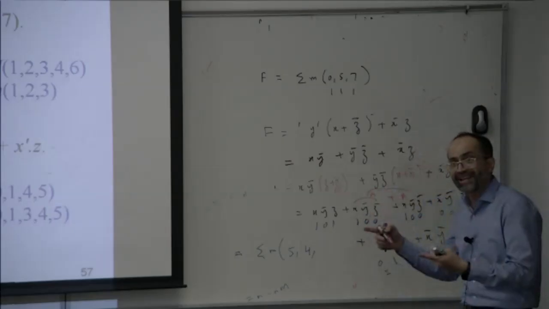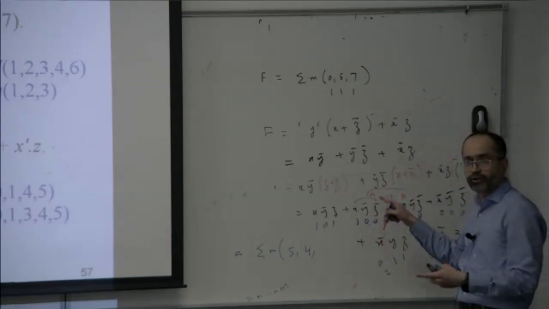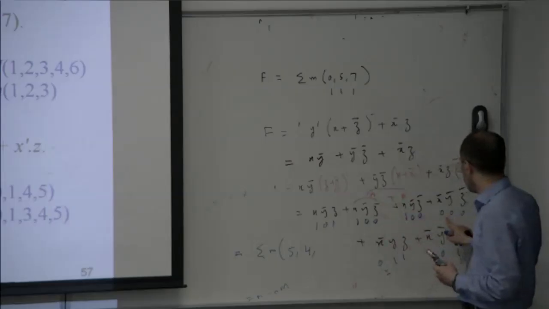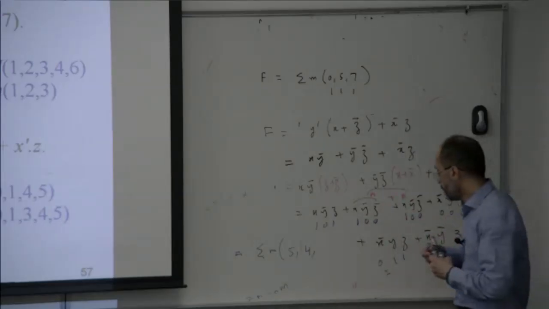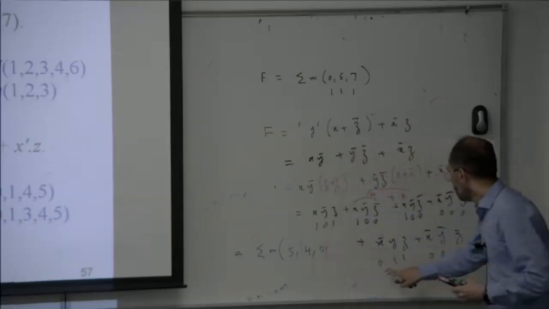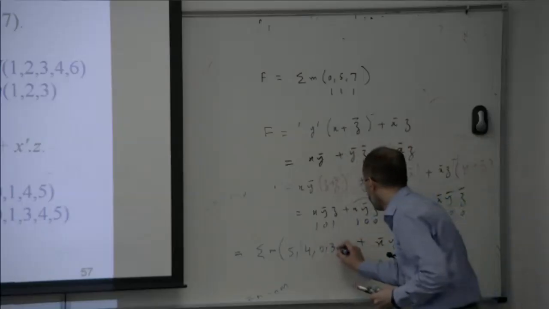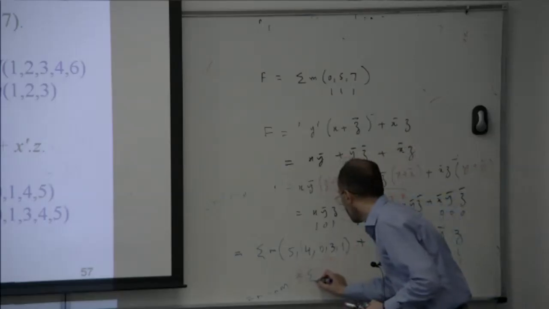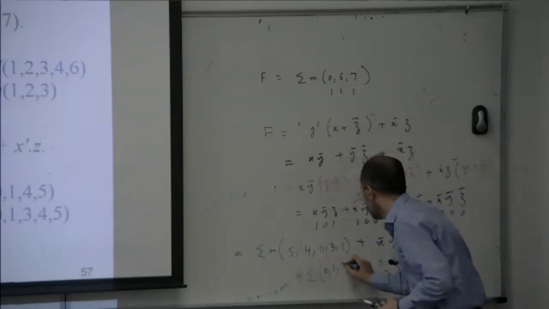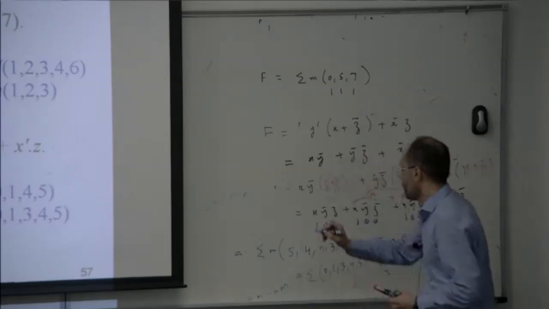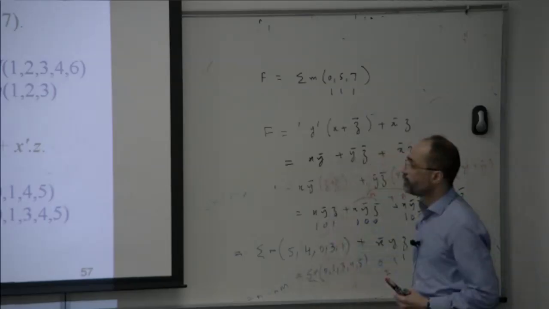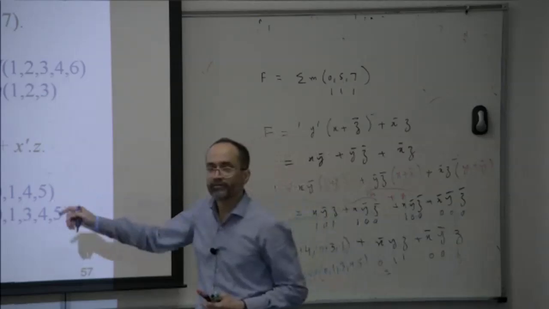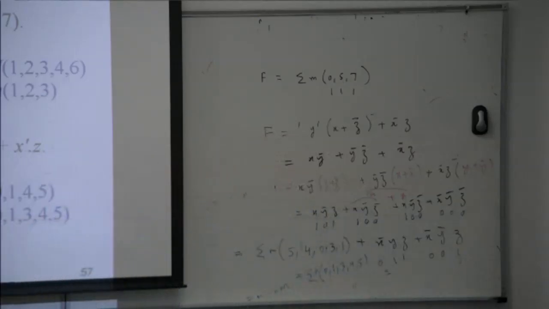A. A plus a is a. So we need to add only 1. So 4 is 1, and we write 4 only once. So now we can rewrite it: 0, 1, 3, 4, 5. Got it or not got it?